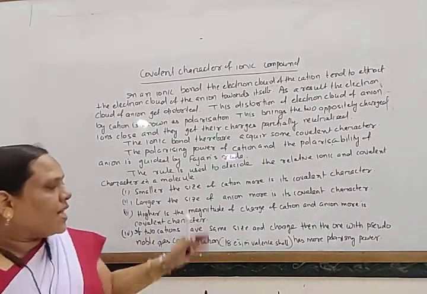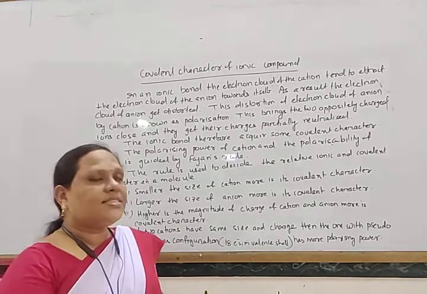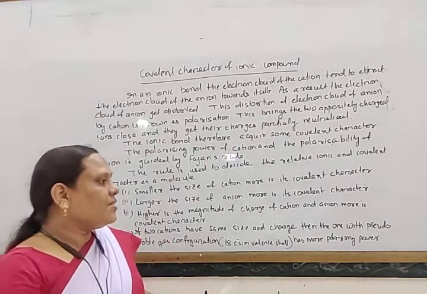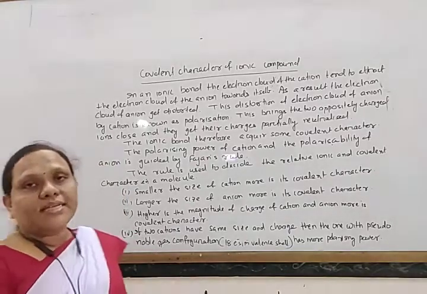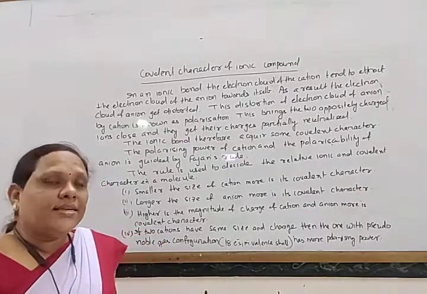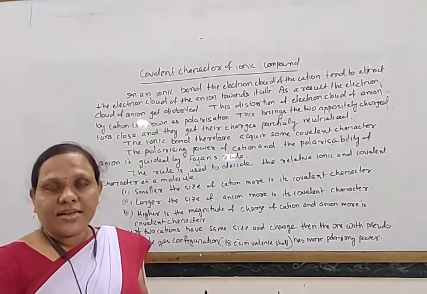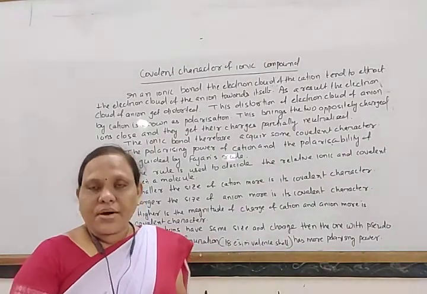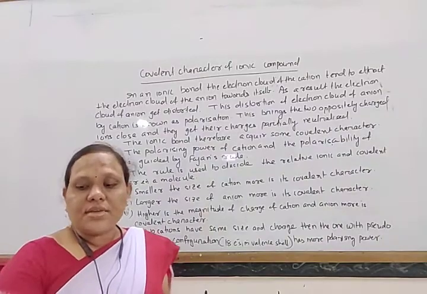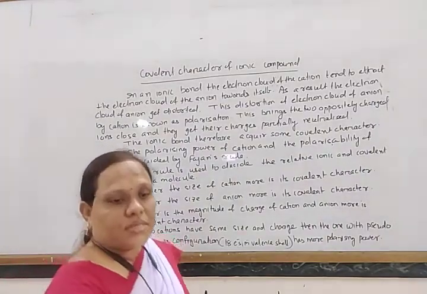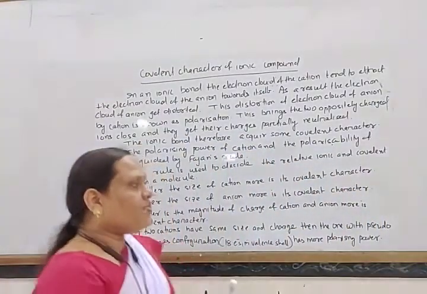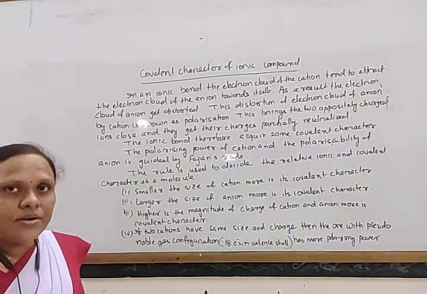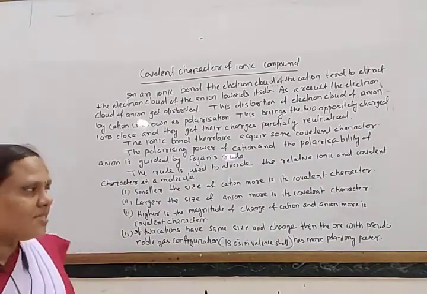And if two cations have the same size and same charge, then the one with pseudo noble gas configuration, that is 18 electrons in the valence shell, has more polarizing power than the one with noble gas configuration, that is 8 electrons in the valence shell. Okay, so note down these points.